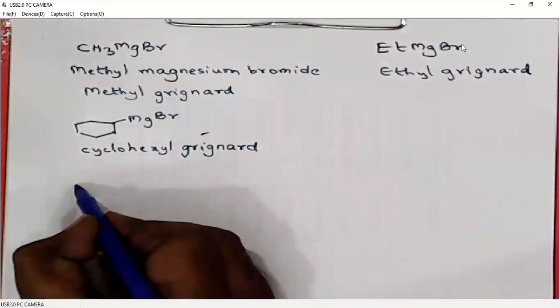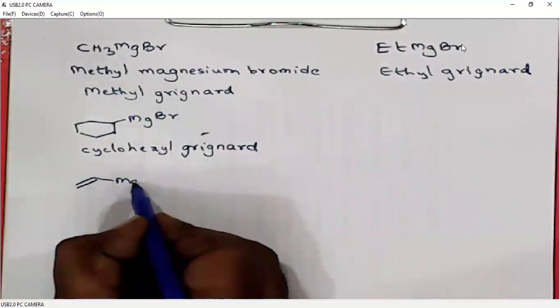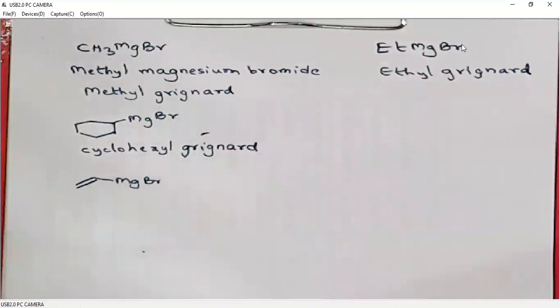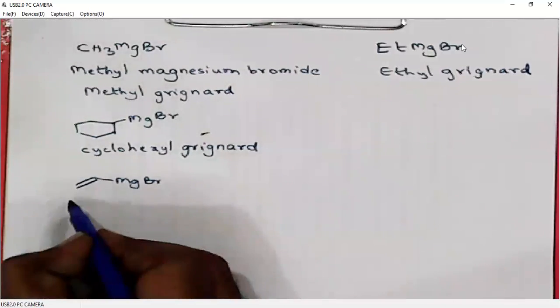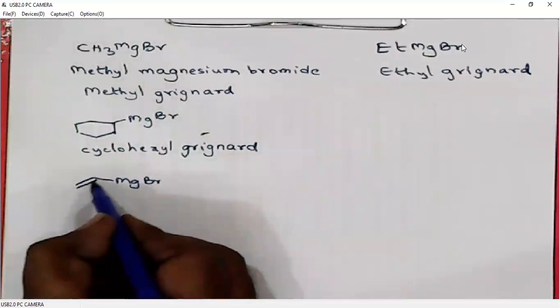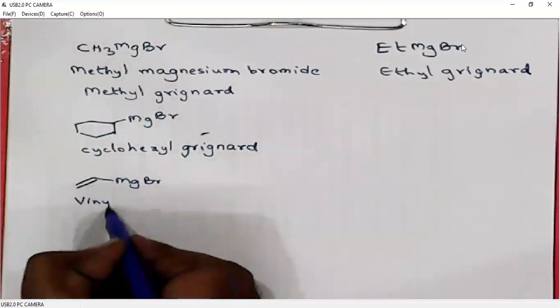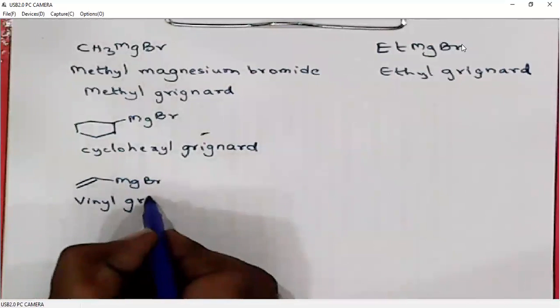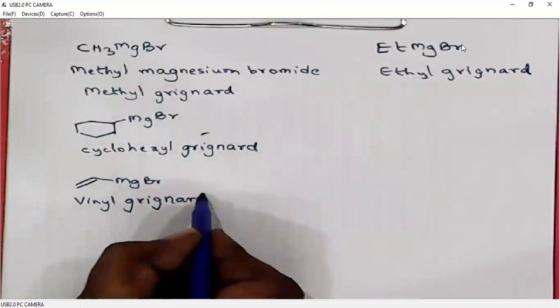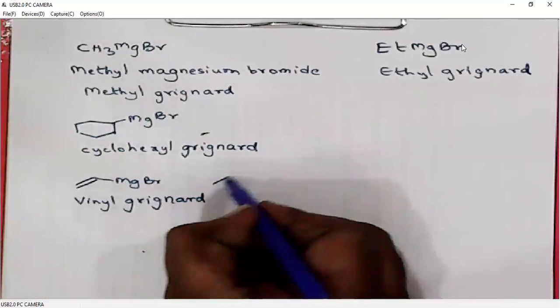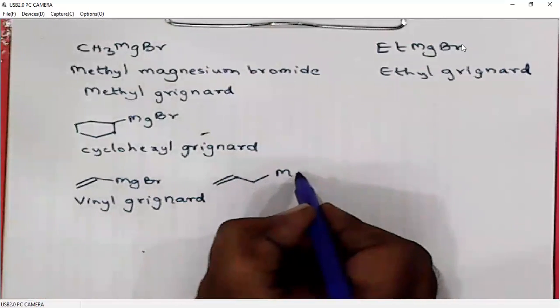Similarly, we can also have a Grignard reagent with an alkene. This is called vinyl Grignard. The simple alkene is called vinyl, so it is called vinyl Grignard. We can also have allyl Grignard.